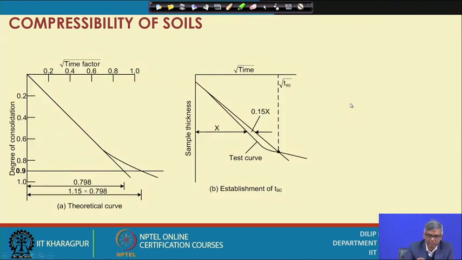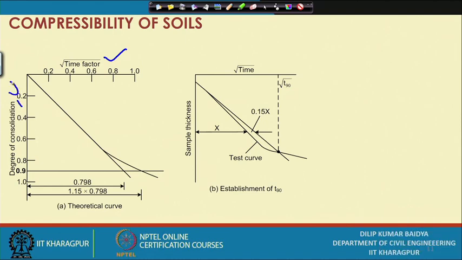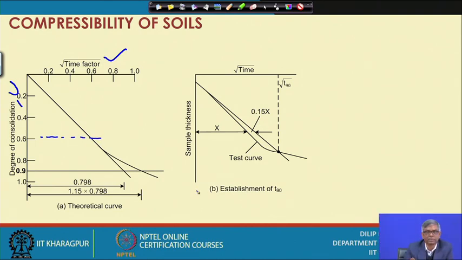You can see here this is the observation given initially, root time factor versus degree of consolidation u plotted like this, and up to 60% it is a perfect straight line and then it starts deviating from the straight line. But at 90% consolidation, you see the abscissa whatever value was here and whatever value on the actual curve, it is 1.15 times the abscissa of the straight line.